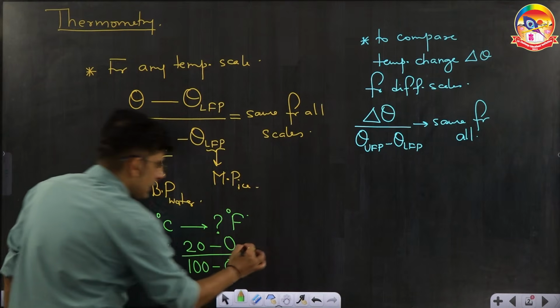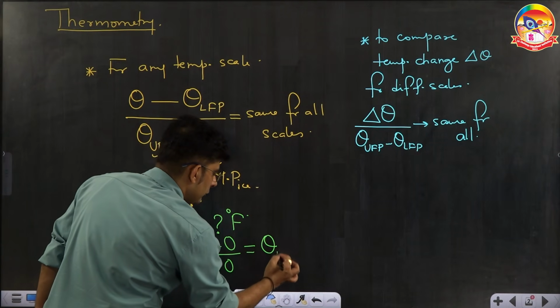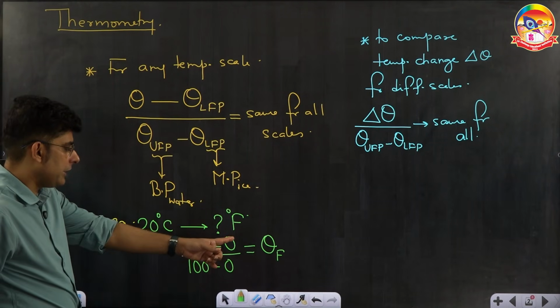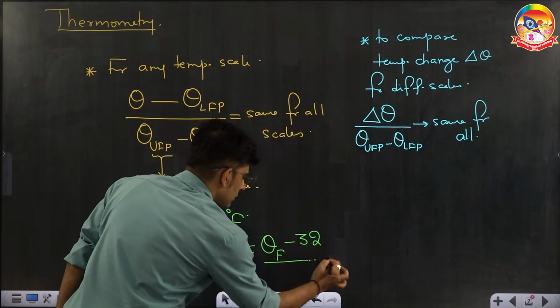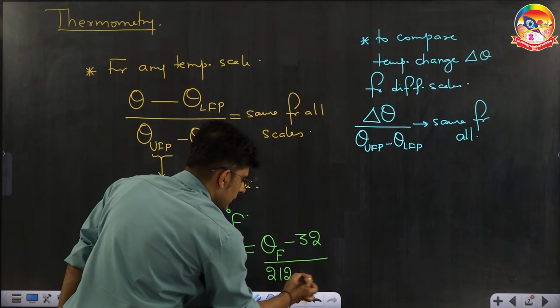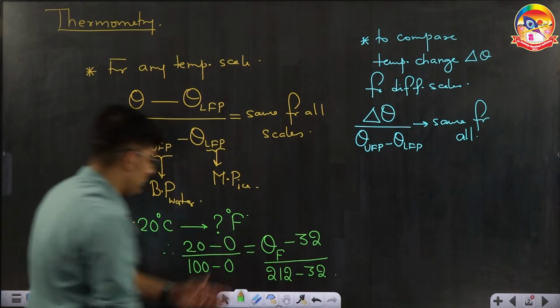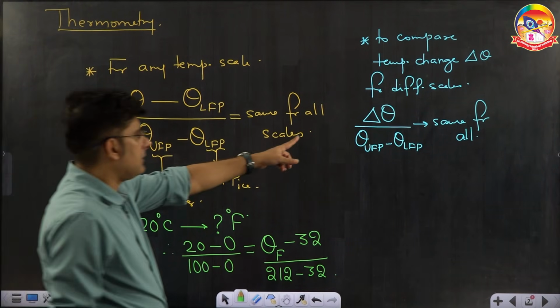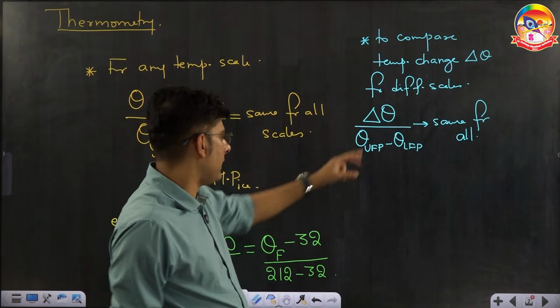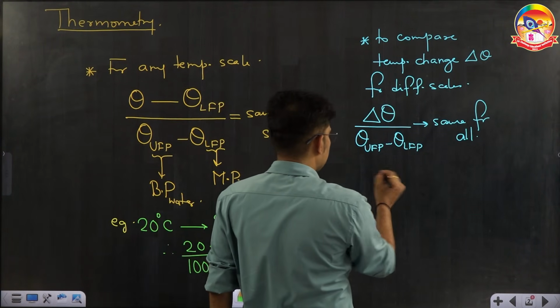That's it. Here you will write, in Fahrenheit we have to write theta F. So theta F minus lower fixed point of Fahrenheit, which is 32, upper is 212 minus 32. From here you can get the value. Clear?